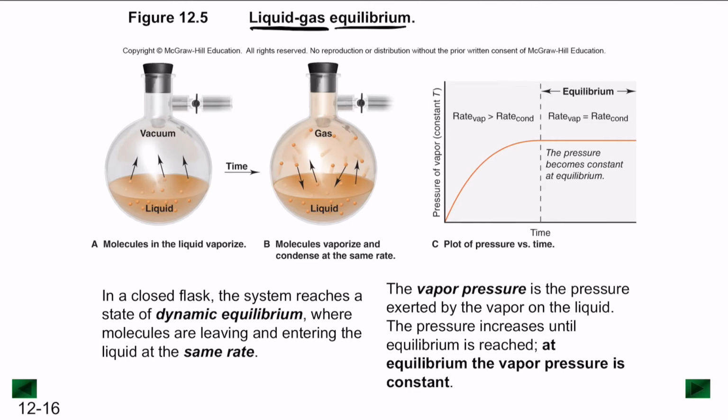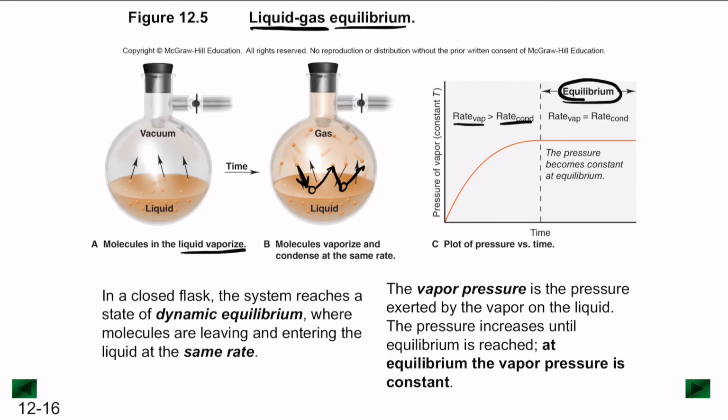So what happens at this point is that liquid will vaporize for a moment, and those vapor molecules will hit the liquid, causing other liquid molecules to vaporize again. This continues until the rate of vaporization equals the rate of condensation, and at a certain point it reaches an equilibrium.